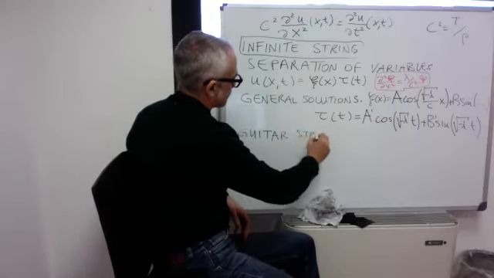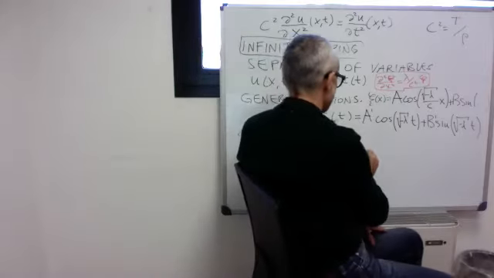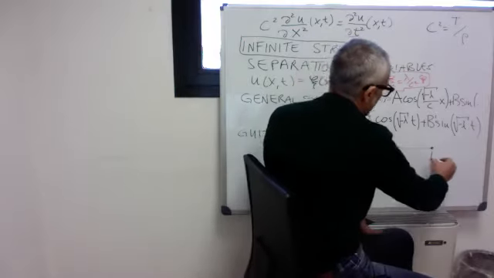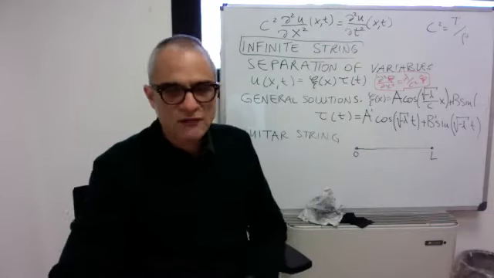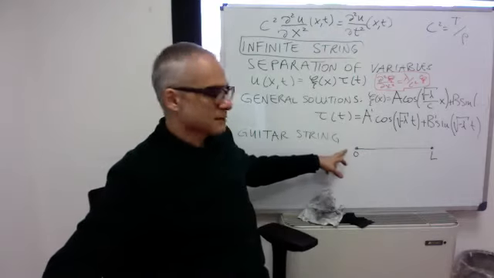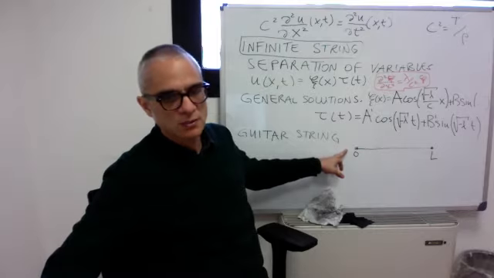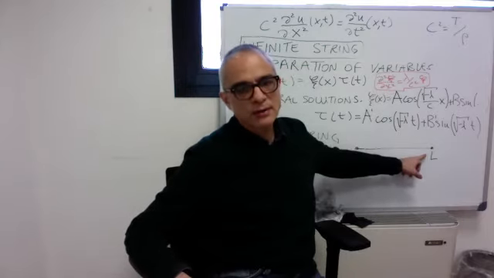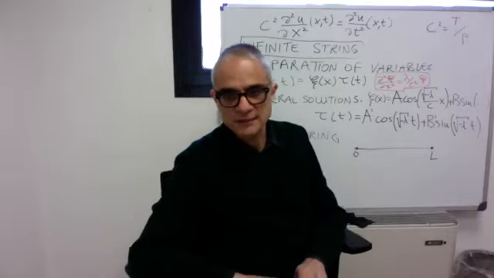So we now specify that 2 points on this string are fixed. I'm also going to introduce a reference frame where the first endpoint of the string is called 0, the origin, and the second point is at a distance capital L from the first.